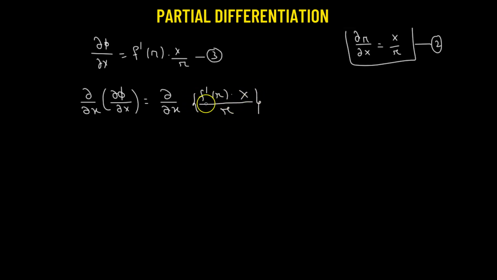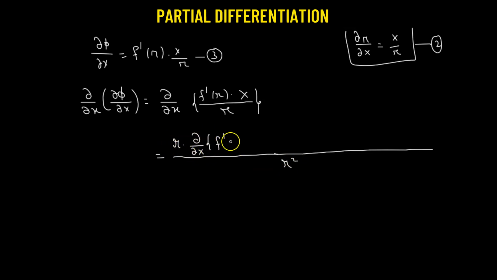So let's find the partial derivative of this given expression, and here we are going to use the quotient rule. In the denominator we have r squared. In the numerator we will have r multiplied by the partial with respect to x of f prime r multiplied by x, minus f prime of r times x multiplied by the partial with respect to x of r. So this will give us r multiplied by, and here we have to apply the product rule because we have the product of two functions, f prime of r and x.